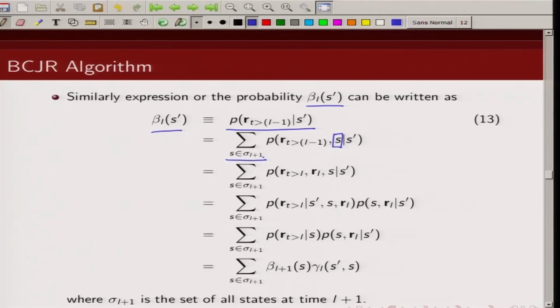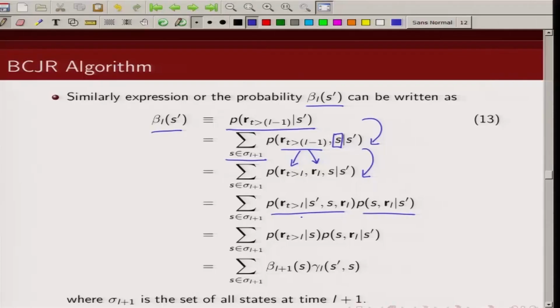So, from here we get this. Now, we split this r into these two terms. So, we get this expression. Now, using Bayes rule, I can separate out this term into two terms like this.